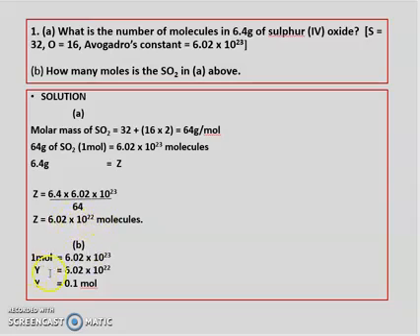So, how many moles will be in this number of particles? If you cross multiply, you find out that Y is 0.1, because you have 1 times this divided by 6.02 times 10 to the power 23, which will give you 0.1 mole. So, therefore, 6.4 grams of sulfur IV oxide is 0.1 mole, and it contains 6.02 times 10 to the power 22 molecules. I hope you understand.